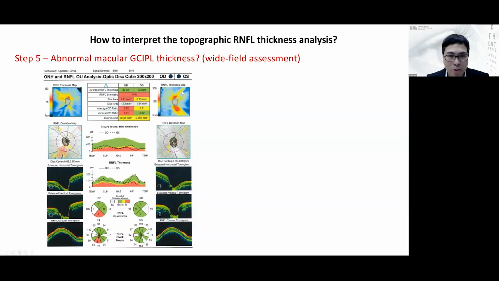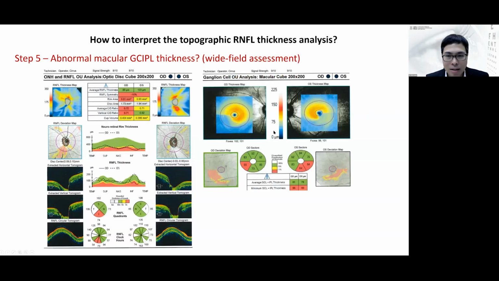It's quite thick over the supratemporal and infratemporal sides of the optic disc. But when you study the macula, here is the measurement of GCIPL, you can see there's actually a wedge-shaped defect over the infratemporal sector. So if you're not studying the macula, you're going to miss a big defect of the left eye.